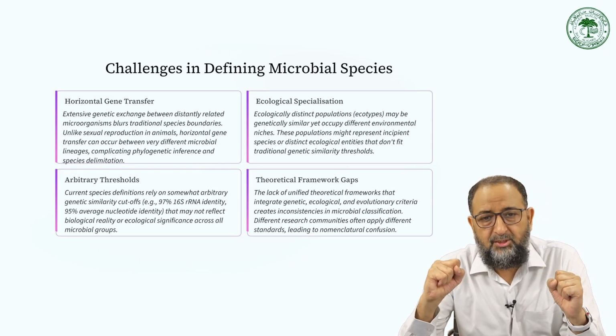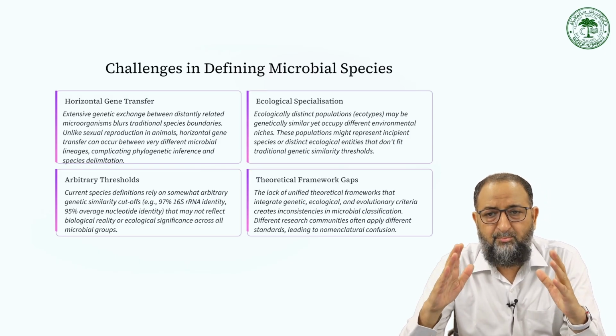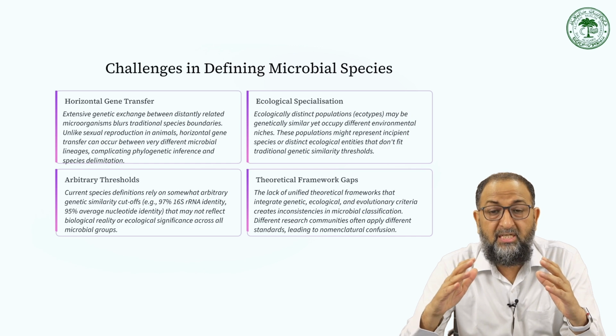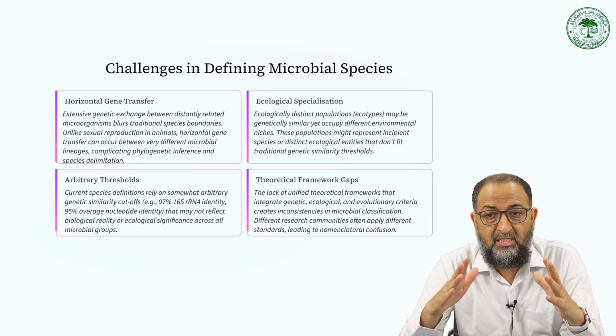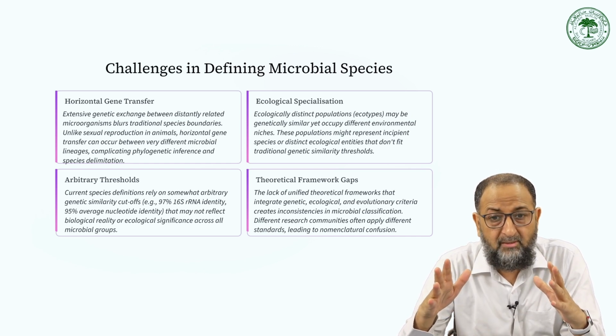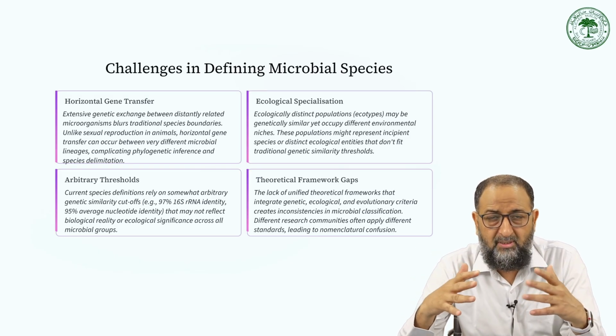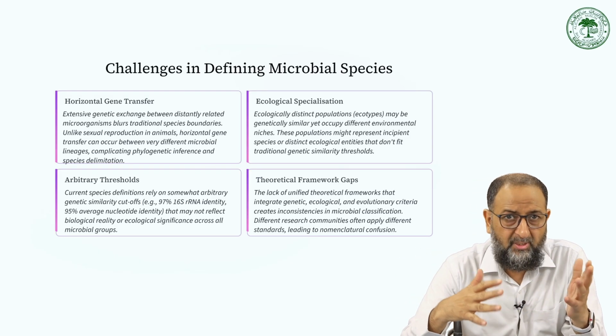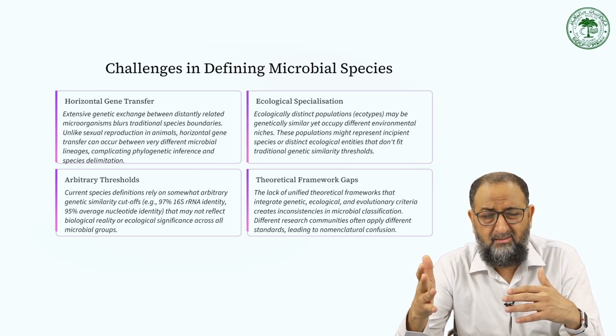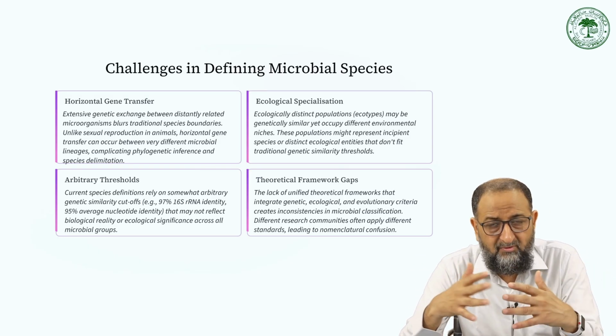Ecological specialization: ecologically distinct populations, that is ecotypes, may be genetically similar yet occupy different environmental conditions, right? They may be similar, but they can have a different habitat. They may be a humid habitat or not a humid habitat. They may be a dry habitat or not, though they have a similarity.